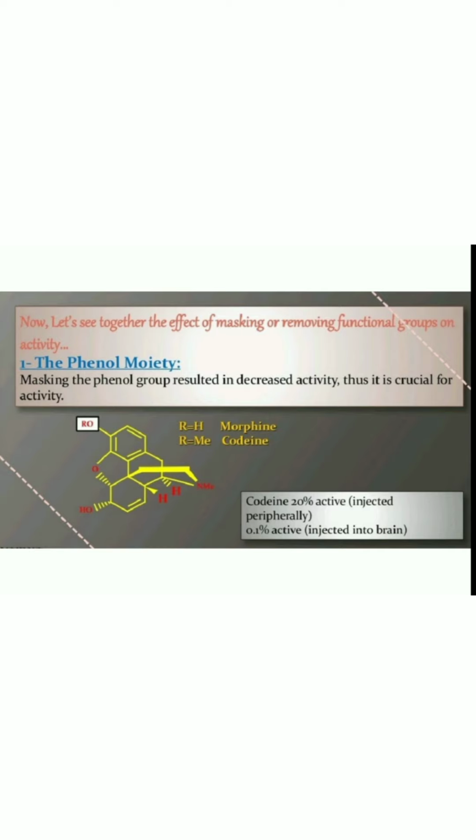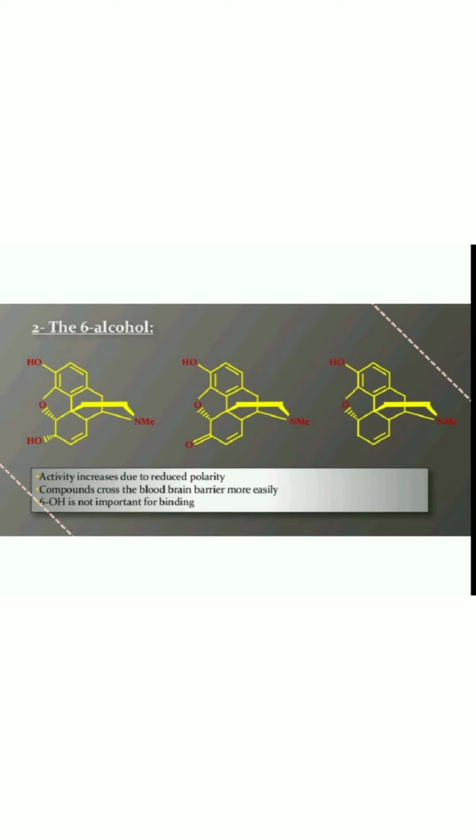It is converted to morphine to produce the effect. The 6th position alcohol is also very important. Activity increases due to reduced polarity, and compounds can cross the blood-brain barrier very easily. The 6th OH is not very important for the binding position.